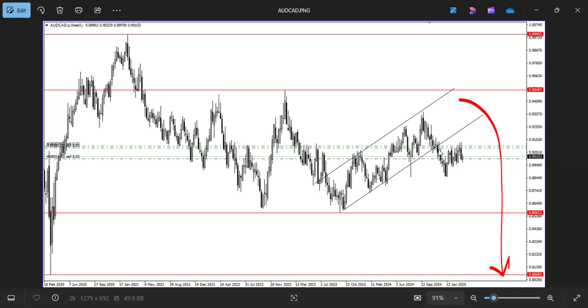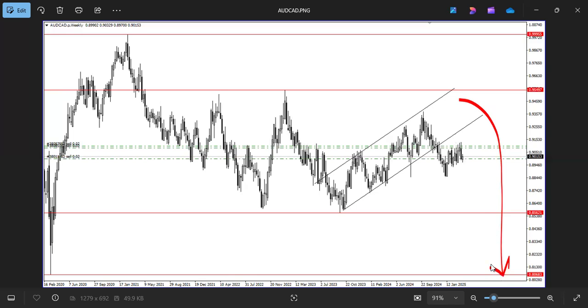So to me, the break of this equidistant channel line pattern from the lower side is an indication of strong sellers in the market. Therefore, I would be happy to see price eventually continuing the downside to touch this bottom of the rectangle, or even break it and continue all the way into this next key level.